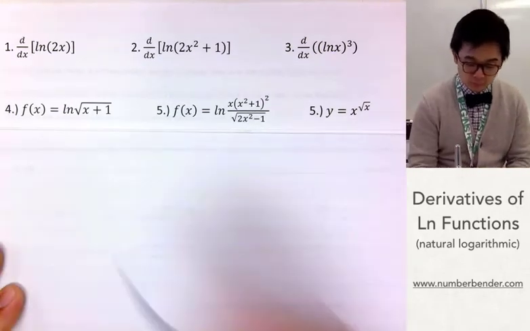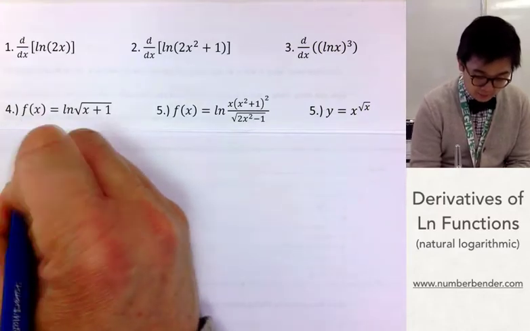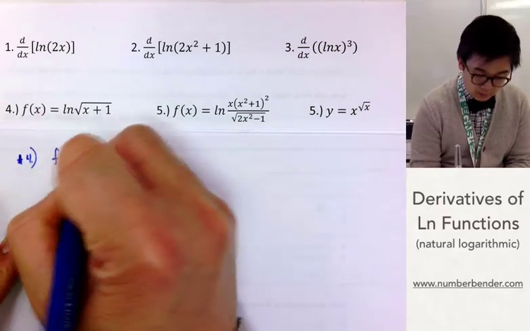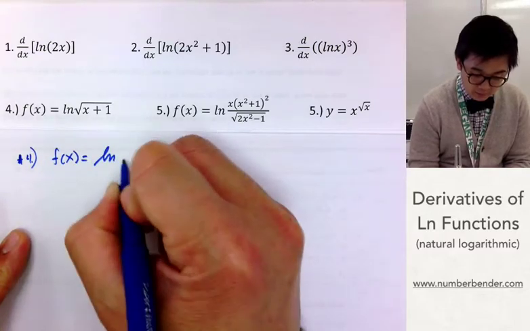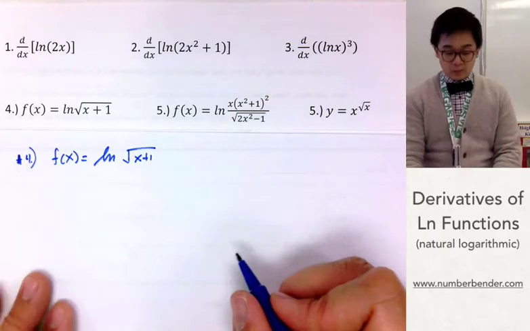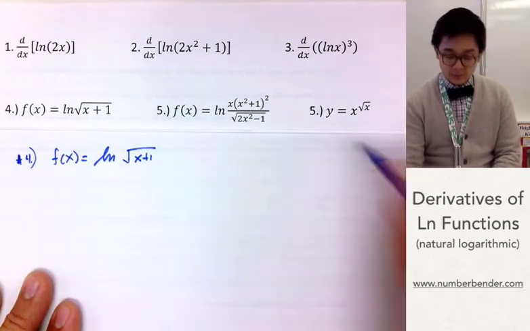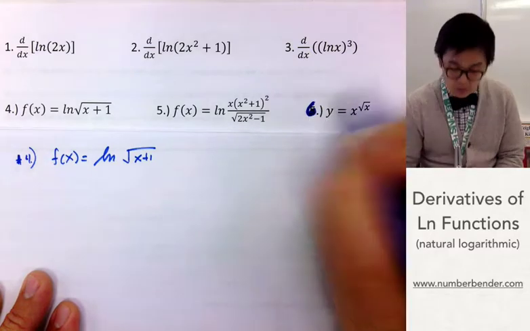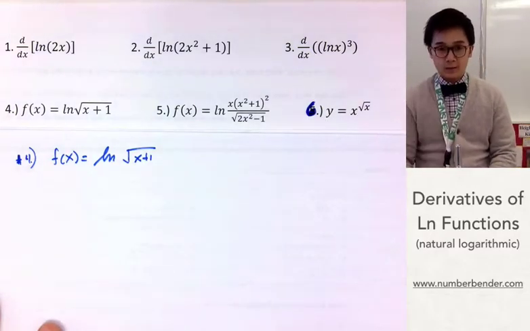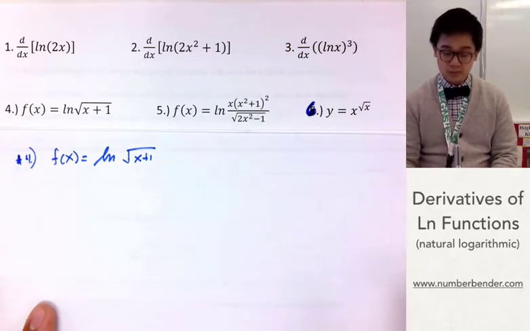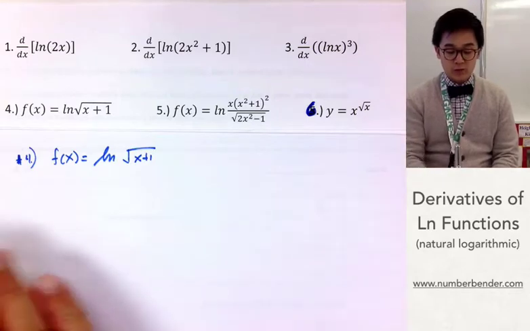For problem number 4, we have f of x equal to ln of the square root of x plus 1. So in this particular problem, for numbers 4, 5, and 6, we're going to be using the properties of logarithm, or expansion of logarithms, to be able to differentiate the functions.